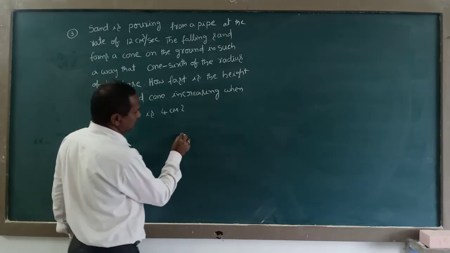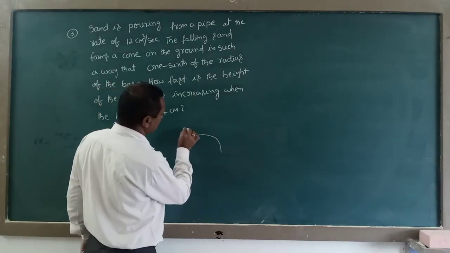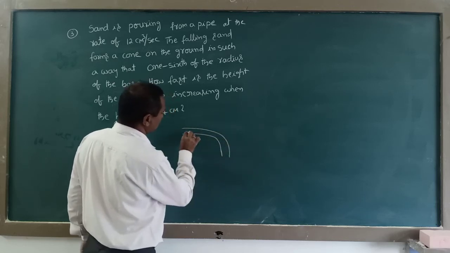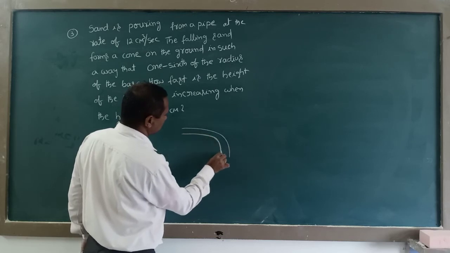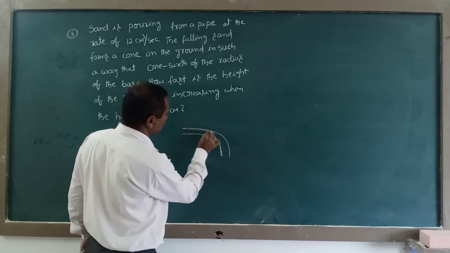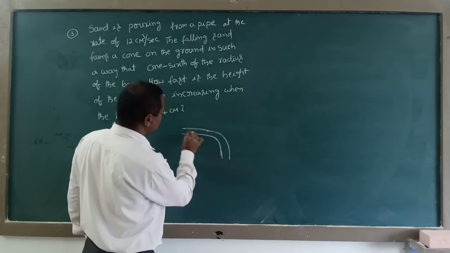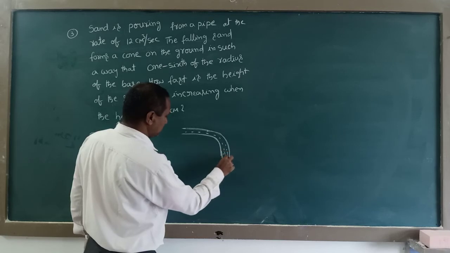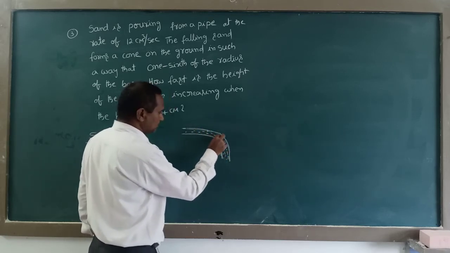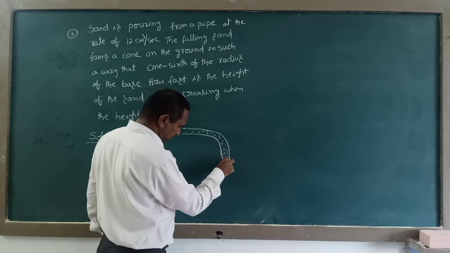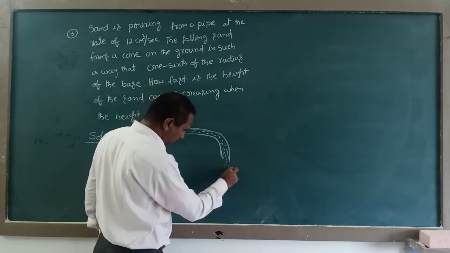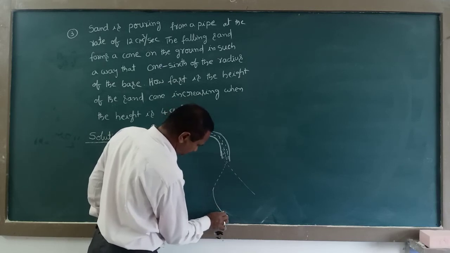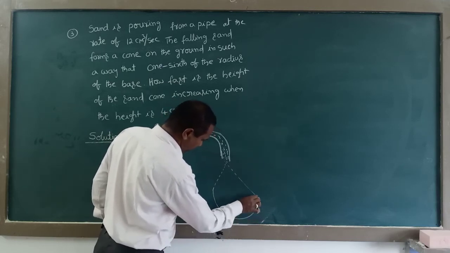Here one pipe is there. They are sending sand through the pipe here. It is falling on the ground. It is in the form of a cone, like this.